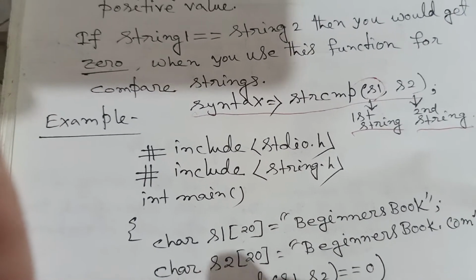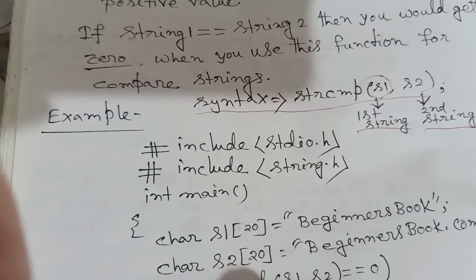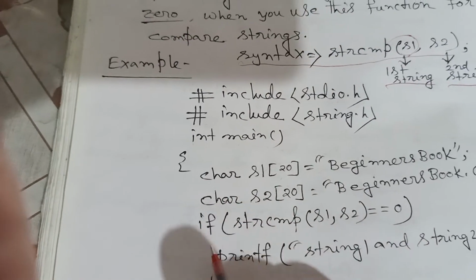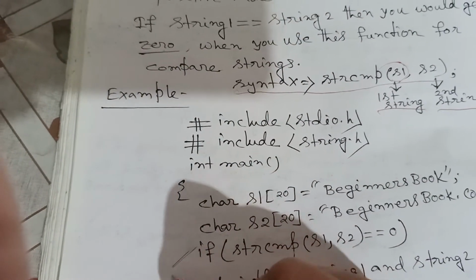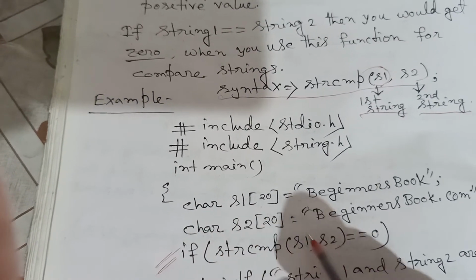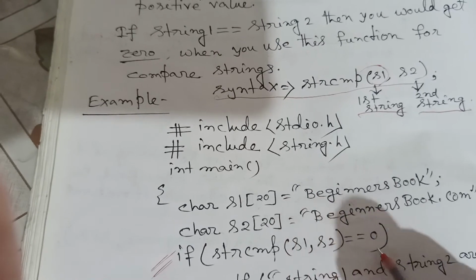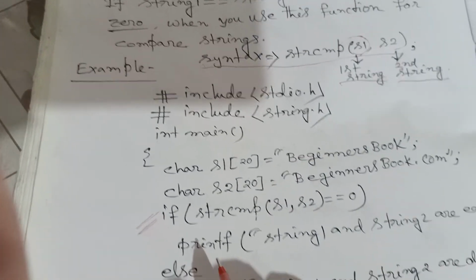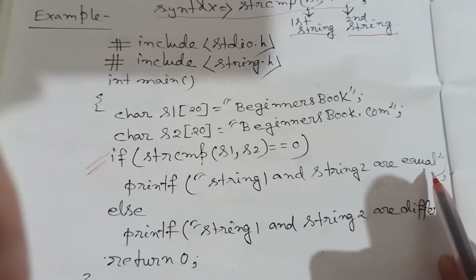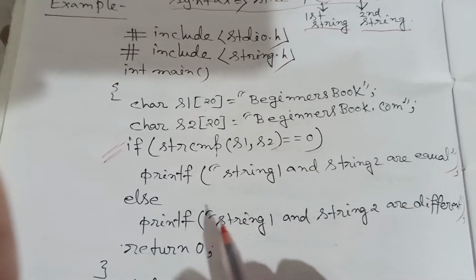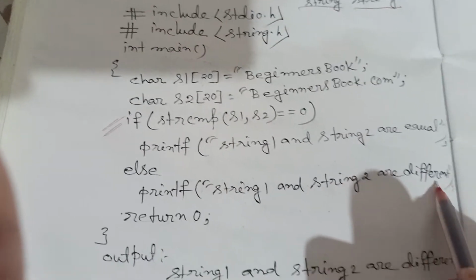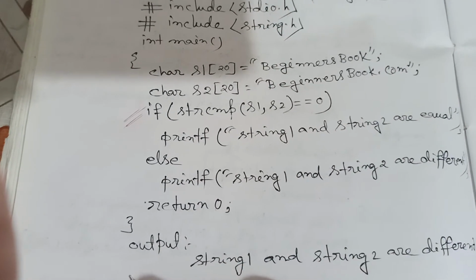Now as strcmp is used to compare two strings, here we should do a check: if strcmp within bracket s1 comma s2 equal to 0, then what would be displayed? "String 1 and string 2 are equal." Else printf "string 1 and string 2 are different", then return 0.